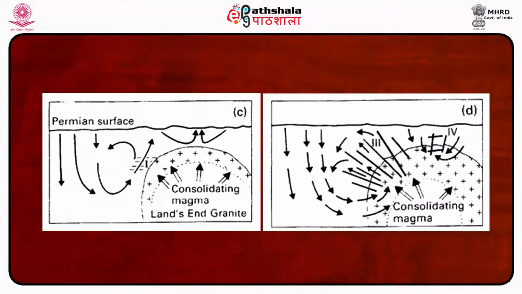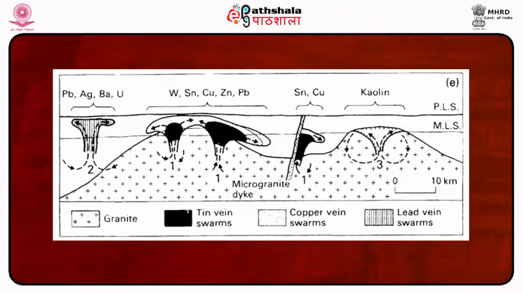In figures 6c and 6d, geothermal systems are postulated to explain vein tin and copper mineralization in and adjacent to the Land's End granite in southwest England. In figure 6e, geothermal systems are invoked to explain some of the differing types of mineralization in southwest England and the zoning of the metals, which is one of the well known features of this ore field.